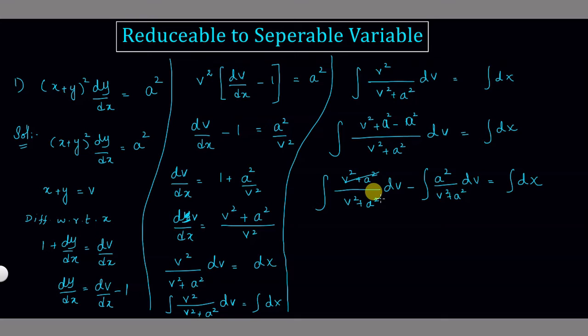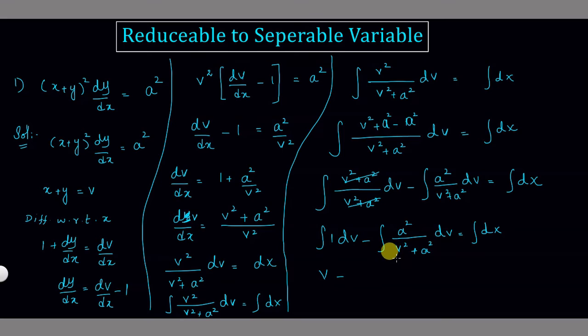This will be cancelled out and we are just left with 1, and then a square divided by v square plus a square dv is equal to integral of dx. Now the question seems to be very simple. Integral of 1, obviously we are integrating with respect to v, so the function we will get is v.